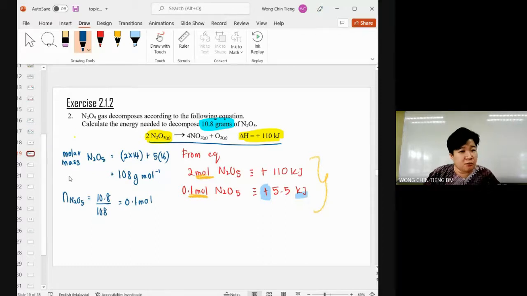Most of the time we write the answer in kilojoule per mole when we are talking about the enthalpies that we learned. For example, enthalpy of combustion compares 1 mole of the compound being burned completely. So you know that is the 1 mole that you are comparing.